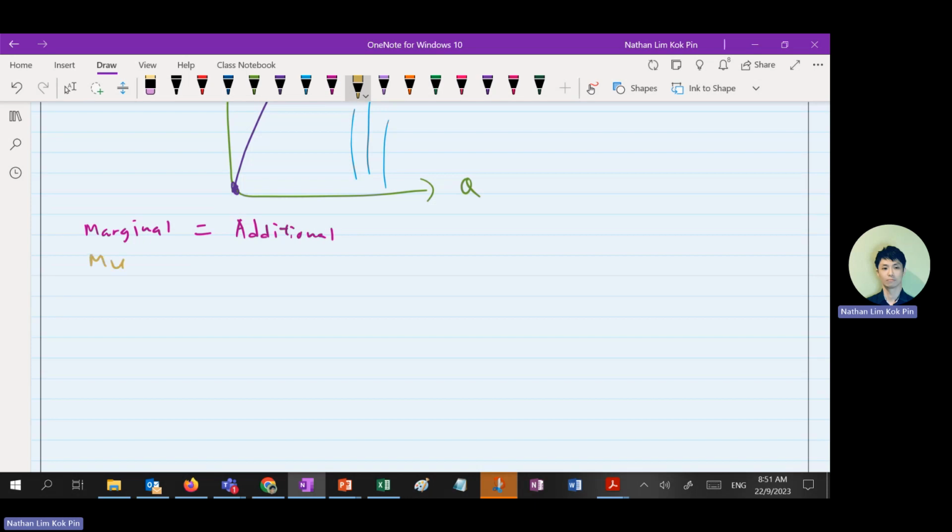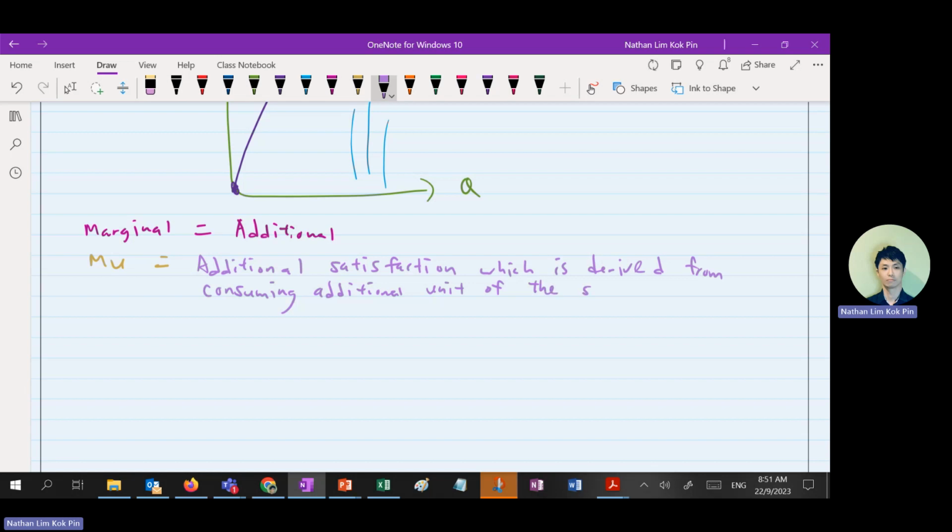Then marginal utility is equal to additional satisfaction which is derived from consuming additional, one more unit, of the same product or service, or same goods or services. This is the definition for MU.